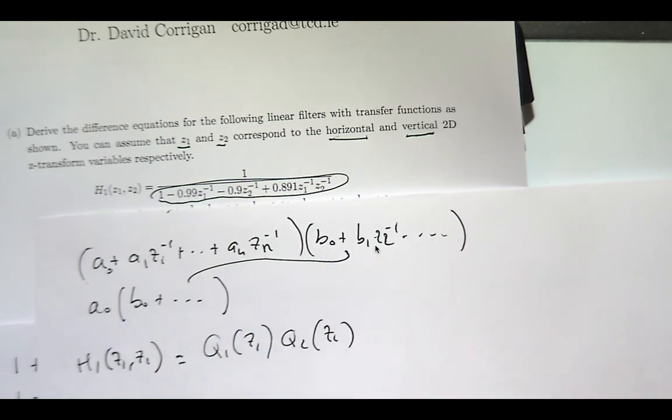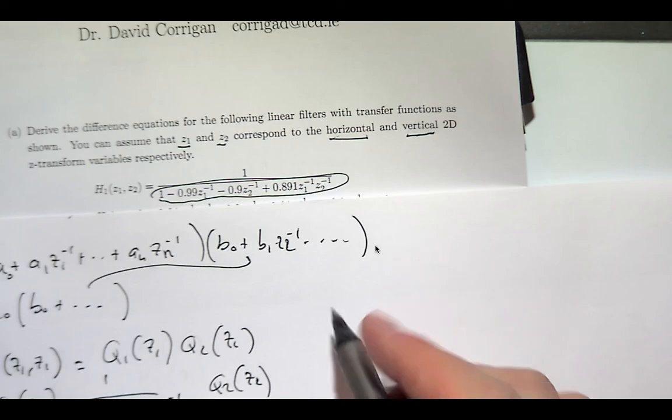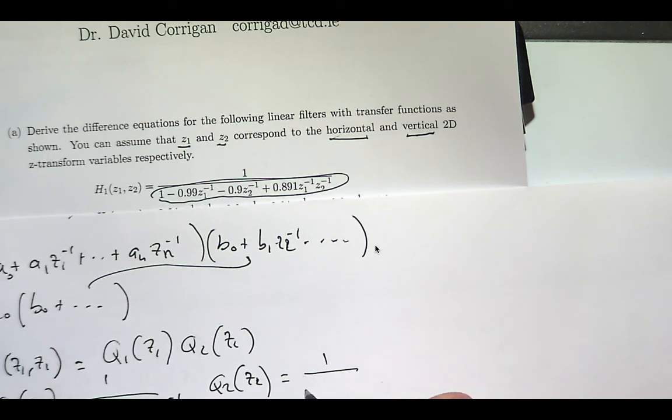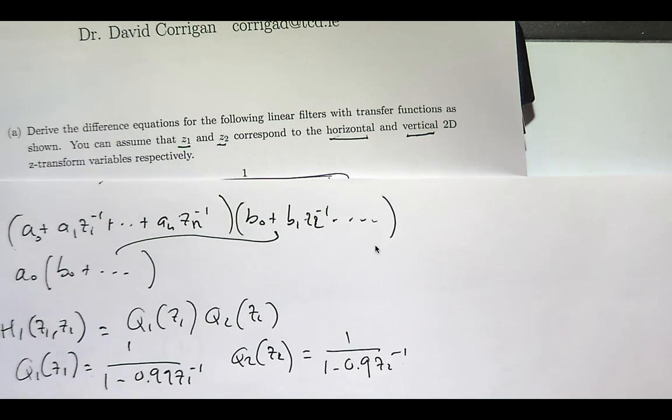And using the same trick, I realize that yes, it is fine, because if you pick Q1 of Z1 to be 1 over 1 minus 0.99 Z1 minus 1, and Q2 of Z2 to be 1 over 1 minus 0.9 Z2 minus 1, then it's all good, right?